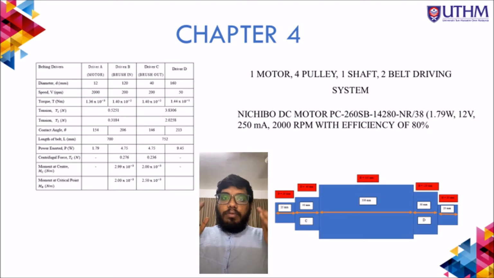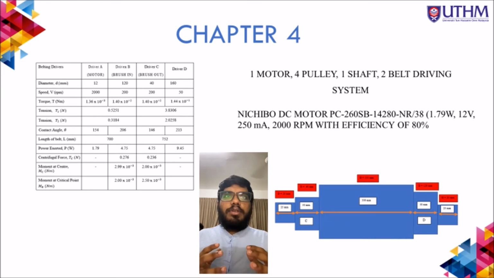And also we found the torque together with the tension, the contact angle, the length of belt, the power exerted by each driver, the centrifugal force, and also by using the moment diagram, we found the moment at the center and also the moment at critical point.